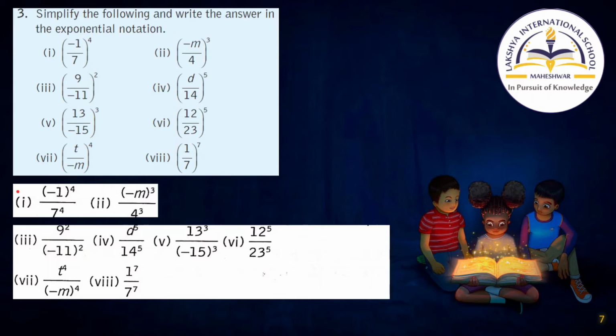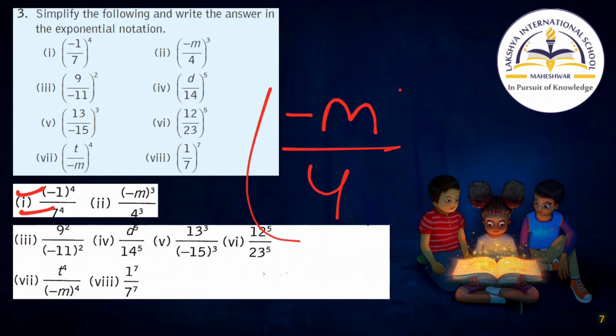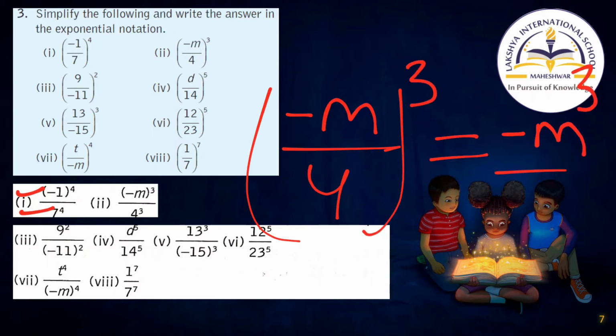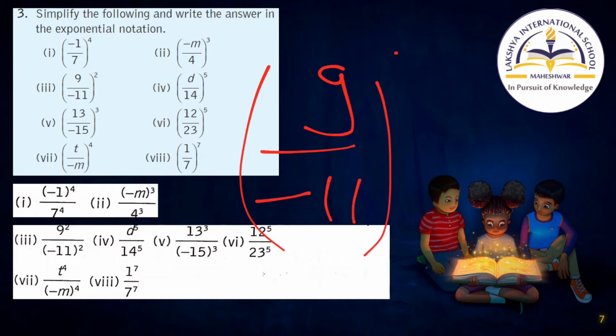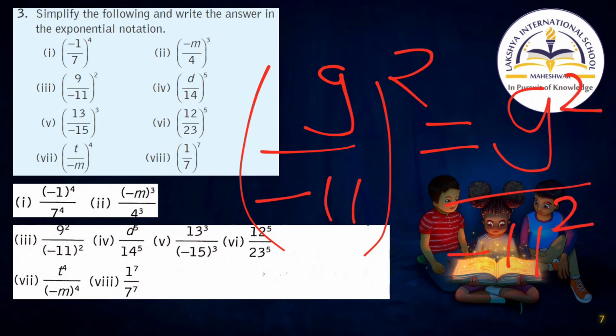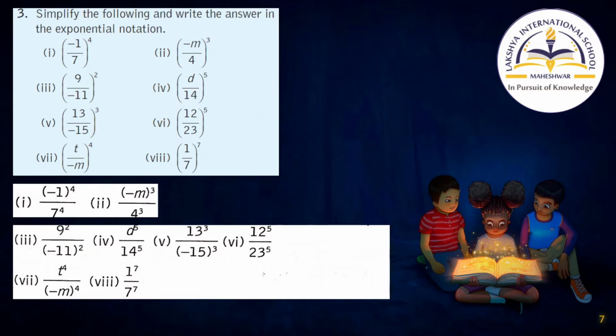Now minus m by 4 raised to the power 3, so minus m raised to the power 3 by 4 raised to the power 3. Question number 3, that is 9 by minus 11 whole raised to the power 2, so 9 raised to the power 2 by minus 11 raised to the power 2. Like this you have to solve. You just have to separate them and mention the power. This question is based on law number 5.